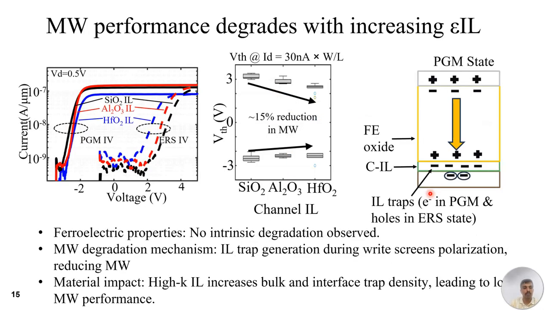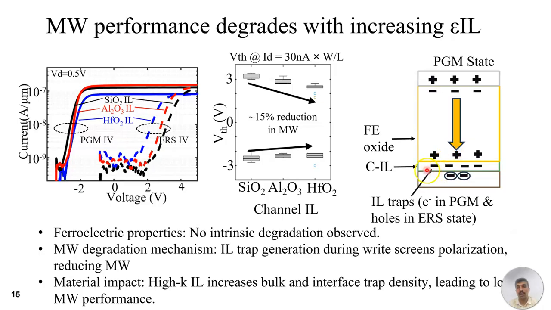To understand this, we need to understand that the memory window degradation primarily comes from polarization screening. When we apply a program or erase pulse, electrons or holes get trapped in the channel interlayer, and these electrons and holes screen the ferroelectric polarization, which is shown here. Since the ferroelectric polarization is screened, the effective memory window is reduced.